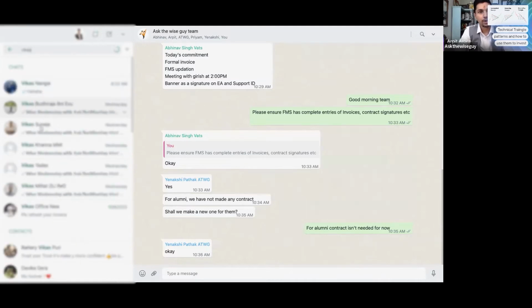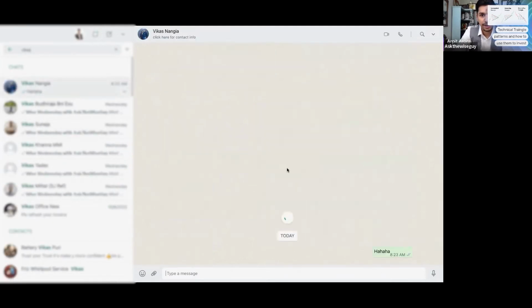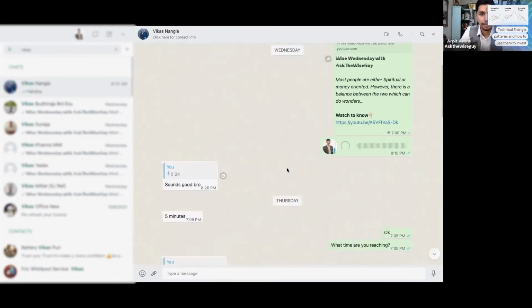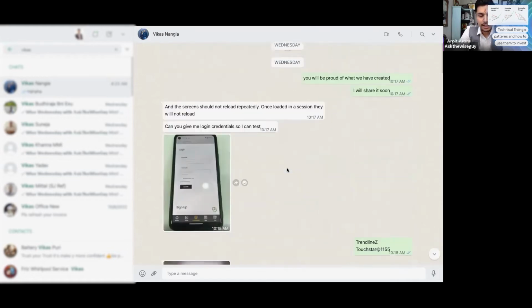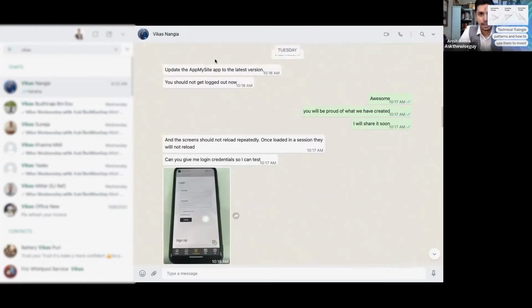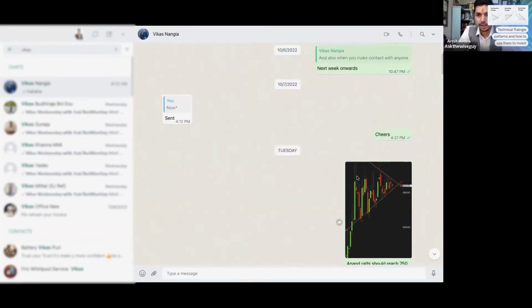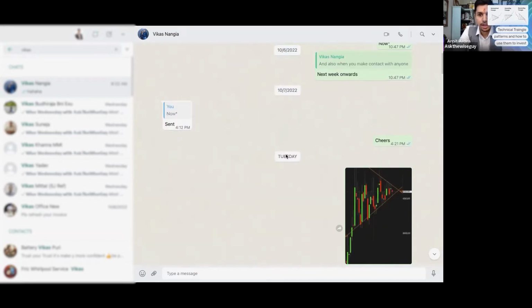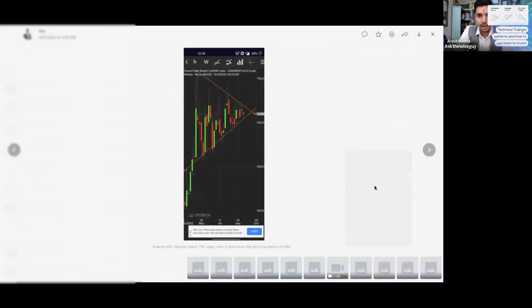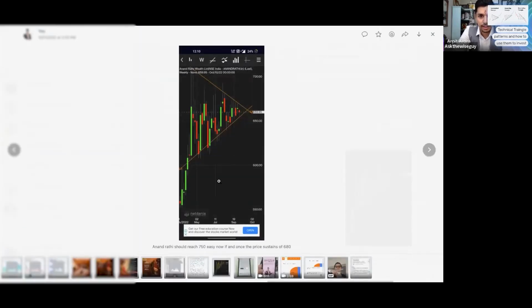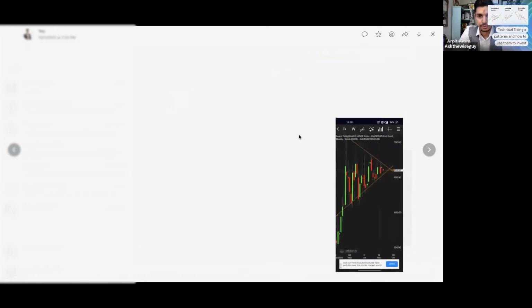So I was talking to one of my extended family members, Vikas, and he's quite interested in trading. So he keeps asking me on a very informal note. Whenever I get a chance, I tell him. Last Tuesday, I said, Vikas, this is a stock called Anand Rathi. It should reach 750 easily once the price sustains above 680. And I showed him this is a triangle formation. Okay.